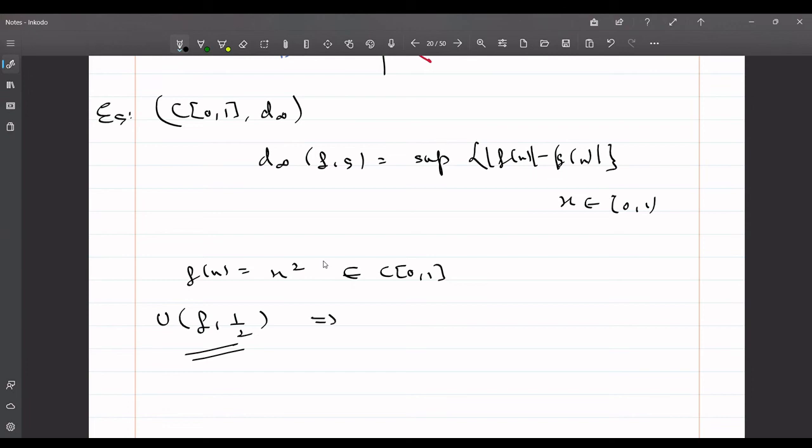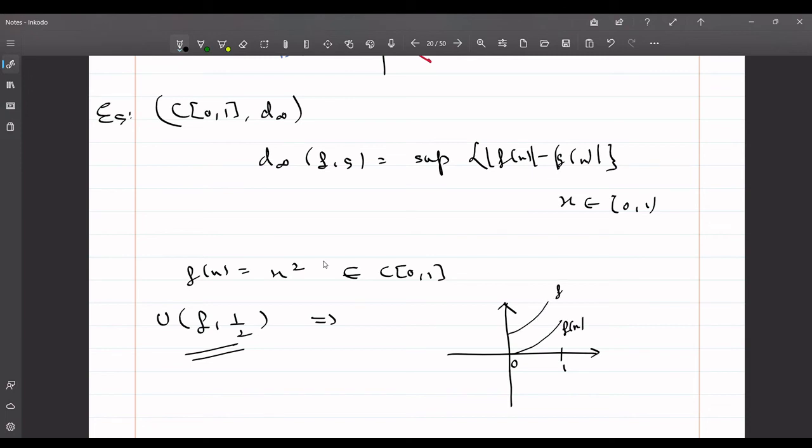this graphically like this? Suppose this is 0 and this is 1. So x square is something of this sort. If you move half upwards and half downwards, this is f(x).